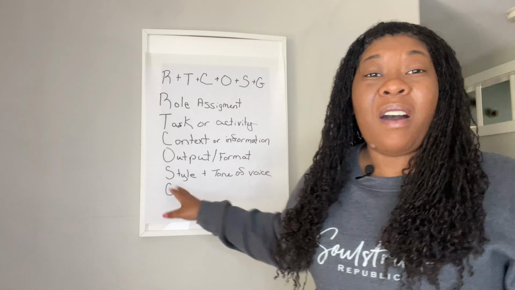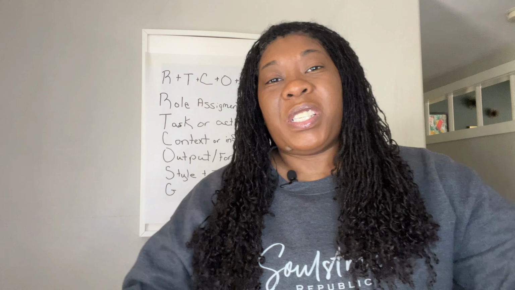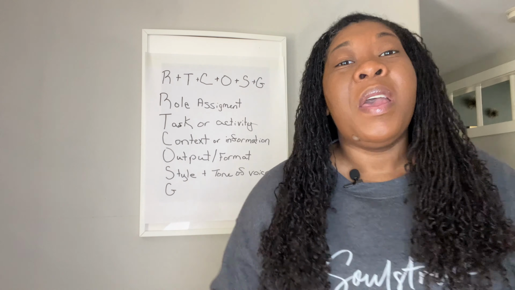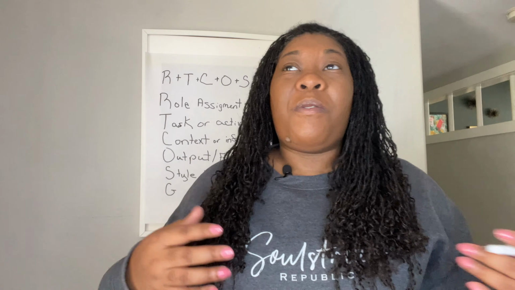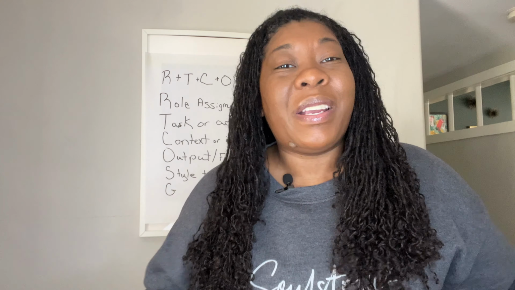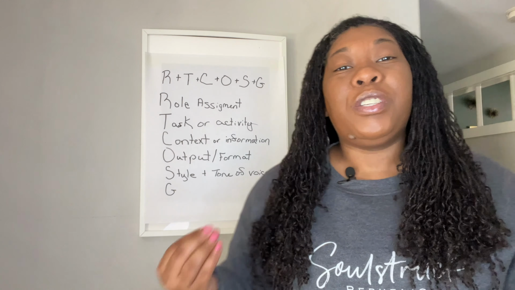If you want to avoid getting that bland response, you want to make sure that you assign a writing style as well as tone of voice, so you can say, hey, I want this output to be authoritative, but I want the tone of voice to be conversational or friendly, persuasive for a millennial audience, or for an older audience, right? For a theatrical audience, right? Whatever your target demographic is, you want to specify the writing style and tone of voice, and this is going to really help with the language that ChatGPT will use and produce in your actual response.